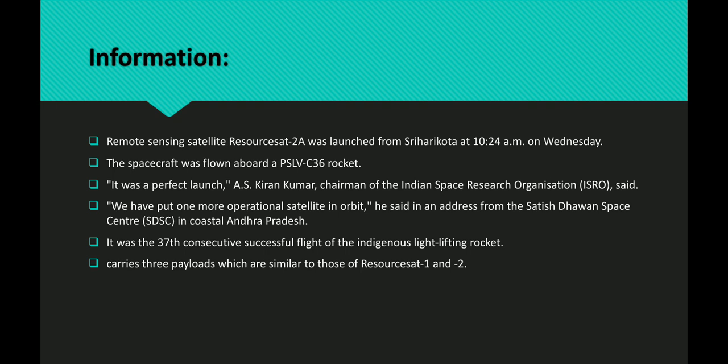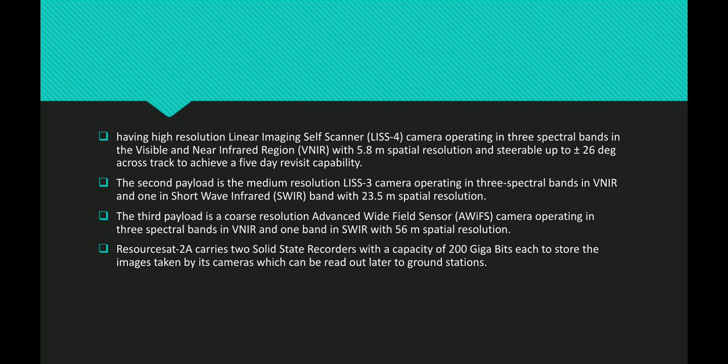It carries three payloads, which are similar to those of ResourceSat 1 and 2. First, the high resolution Linear Imaging Self Scanner LISS-4 camera, operating in three spectral bands in the visible and near infrared region, VNIR, with 5.8 meters spatial resolution and steerable up to plus minus 26 degrees across track to achieve a 5-day revisit capability.